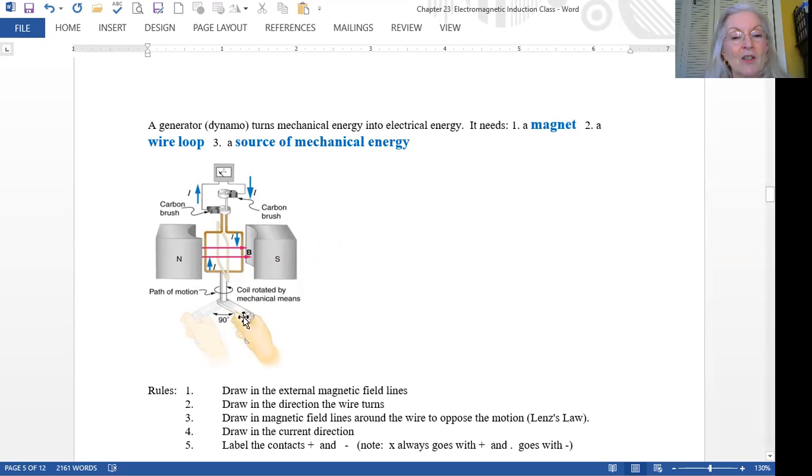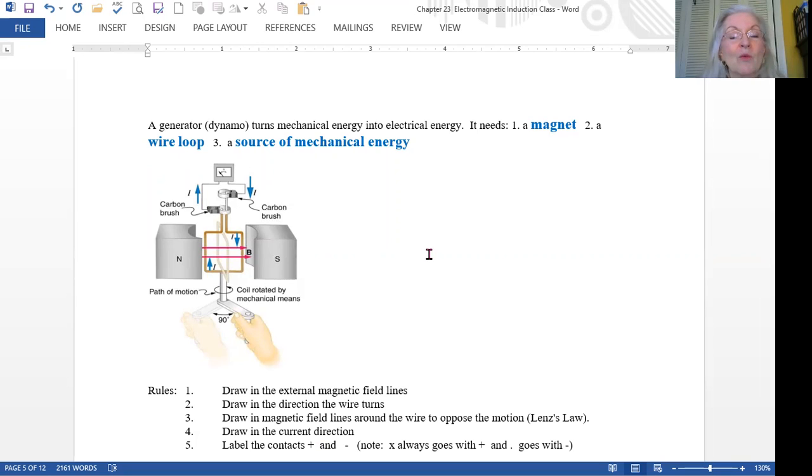So with this, in this diagram from the textbook, your hand is turning a crank, and that crank is turning this loop of wire inside this large external magnetic field. And the result will be that as the wire turns, it experiences a change in the magnetic field. And we know that if a wire experiences a change in an external magnetic field, it's going to generate a magnetic field around itself to oppose the change.